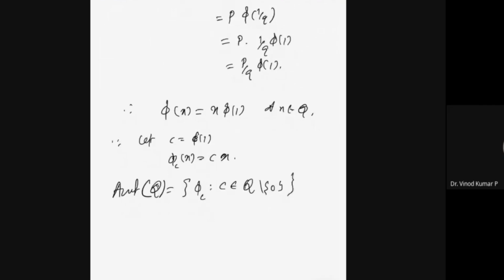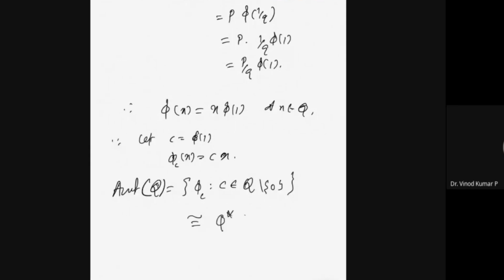Suppose I take c to be 0, then phi is identically 0. That's a trivial case, so we'll exclude that. So that's the automorphisms of Q, and maybe you can identify this with Q star under multiplication.